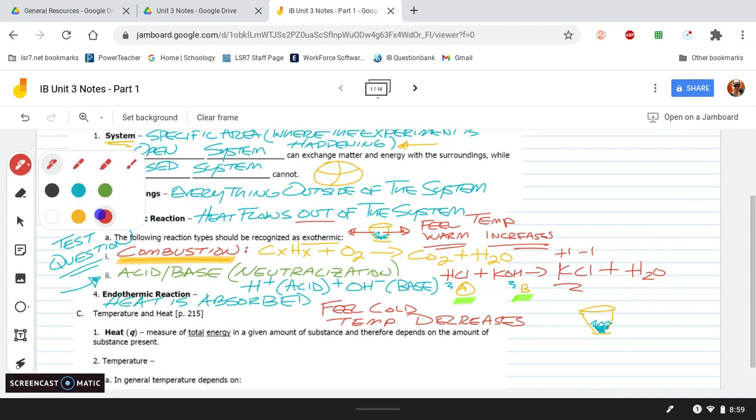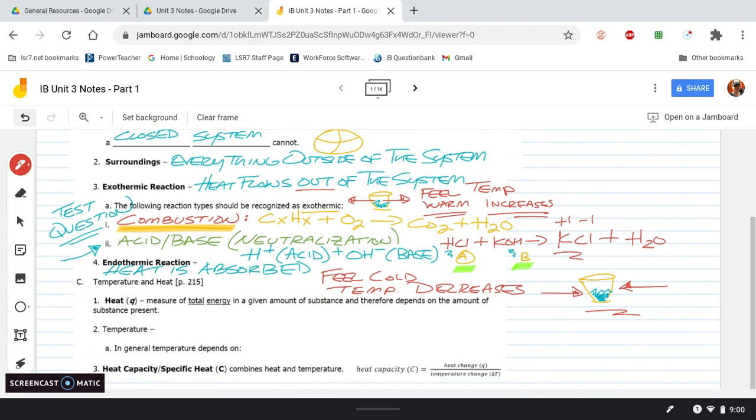What happens is that you have the energy being sucked into the reaction, and it makes the area around it feel cold. If you have a chemical ice pack, right, and you break it and it starts to feel cold, that's what's going on here. Like I said, this is not a very common reaction.